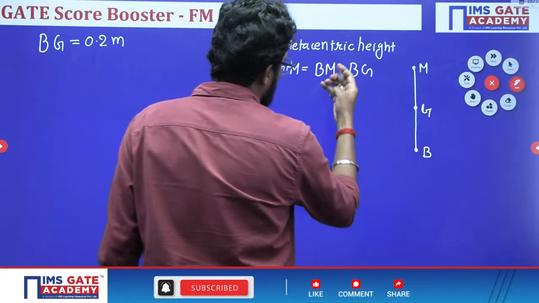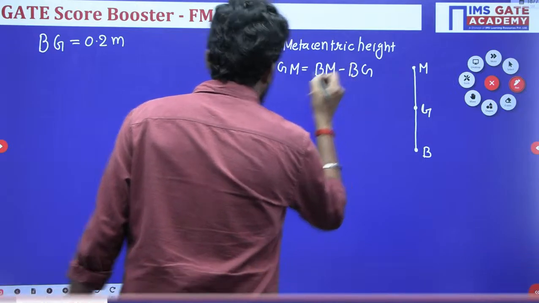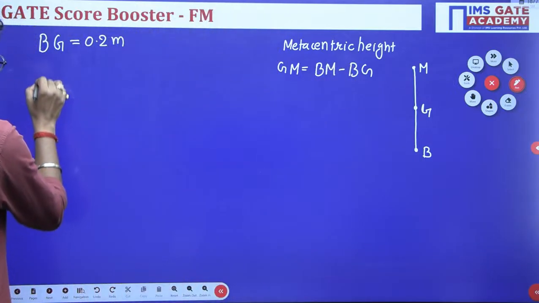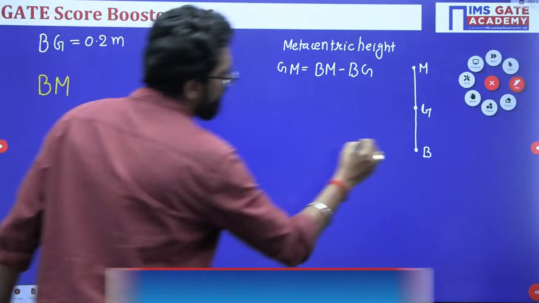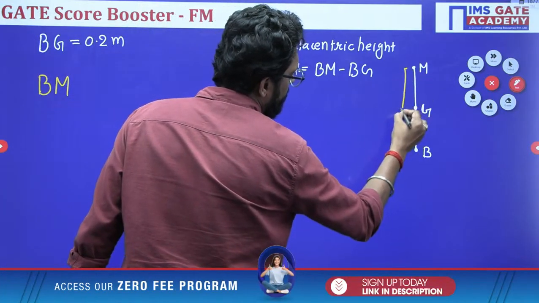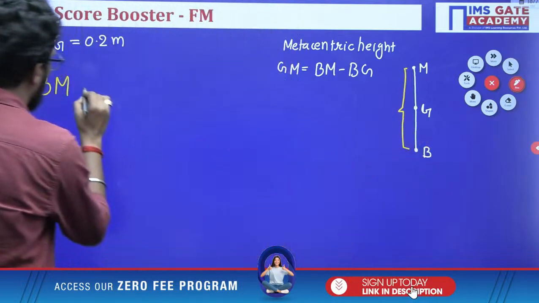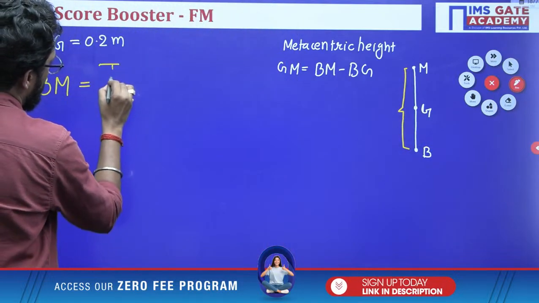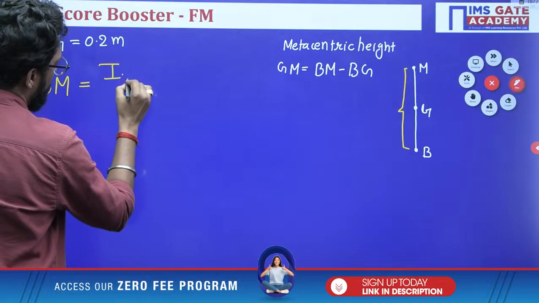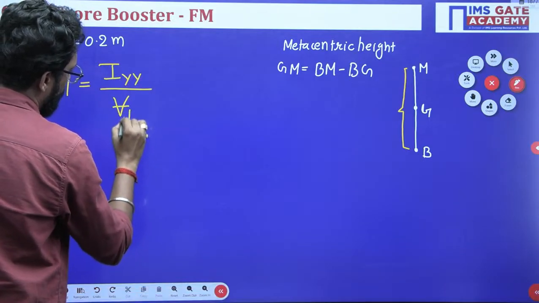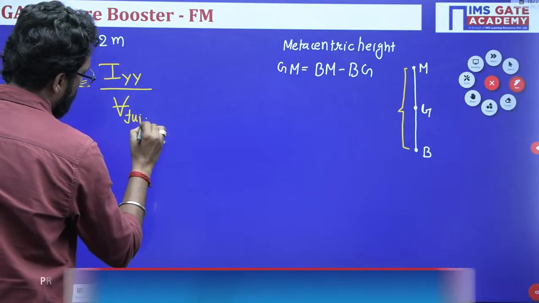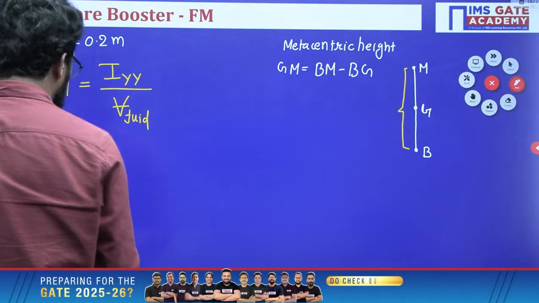Now, this BM is what? A very important calculation of BM, the distance between the center of buoyancy and metacenter. There is a direct formula: I, moment of inertia, divided by the volume of fluid displaced.